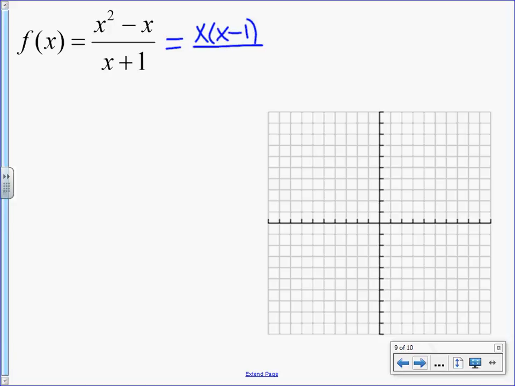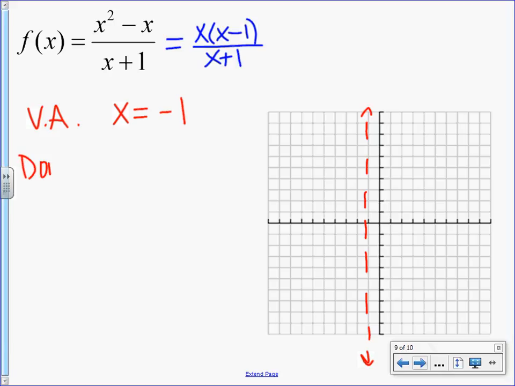And our denominator is x plus 1. Where is our vertical asymptote? X equals -1. If you write -1 on your quiz Friday, I will not give you credit. It's a line, x equals -1.